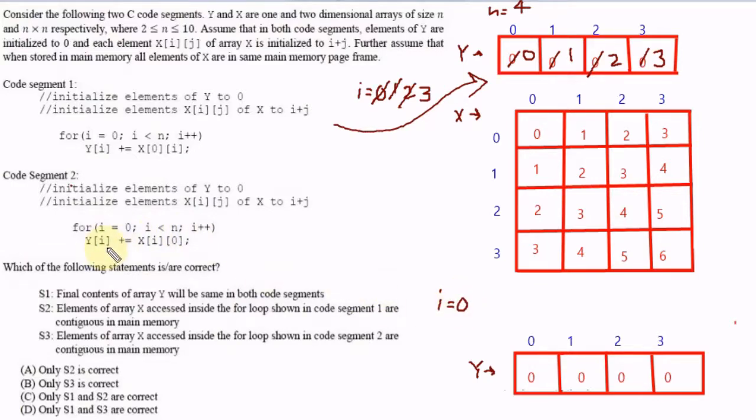We are going to add to y[0] the value x[0][0]. So this value will be in here. Now we have updated the value of i, this condition is true, and we add to y[1] the value x[1][0], that will be 1.